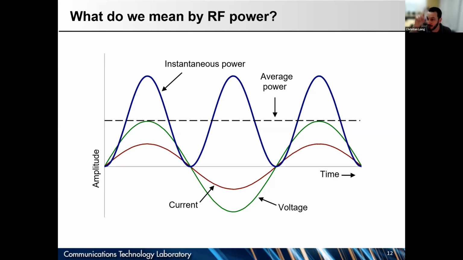That's the blue curve. It's going up and down quite quickly at the carrier frequency of the sine wave. In general, there are instruments that can measure the instantaneous power, the instantaneous voltage, but they're quite cumbersome and quite bulky and really overkill for most applications. Quite often what we want is the average power.